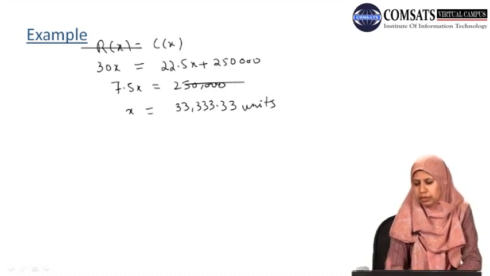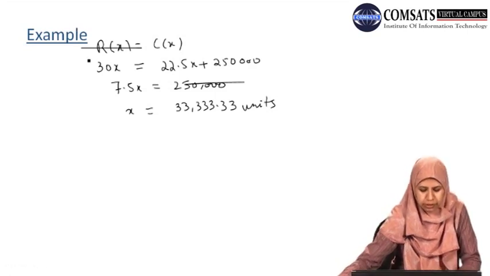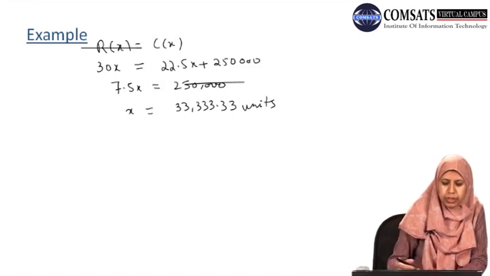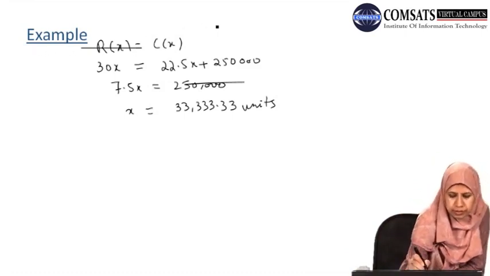So this is the value of x, which will give us our 0 point or break-even point. Okay, now here we have used our third point, that set R of x equal to C of x.